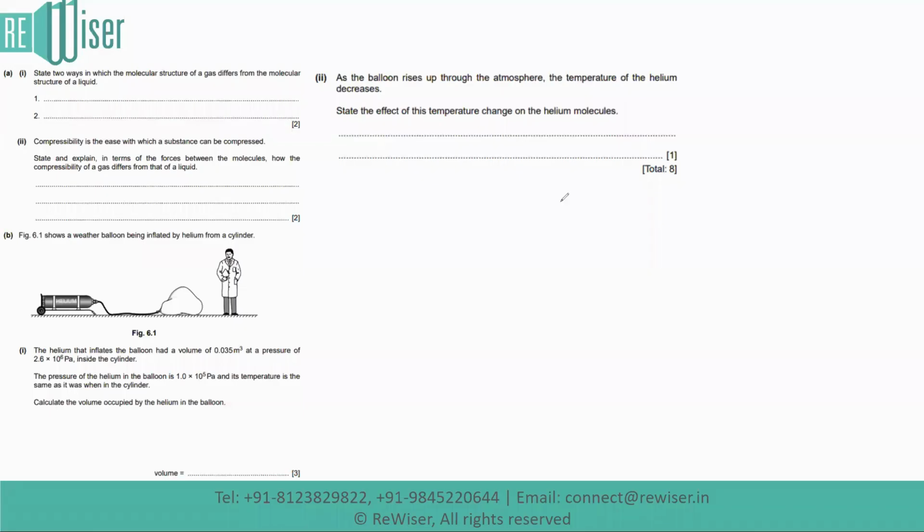Let's move on to the next question. Here we have: state any two ways in which the molecular structure of a gas differs from the molecular structure of a liquid.